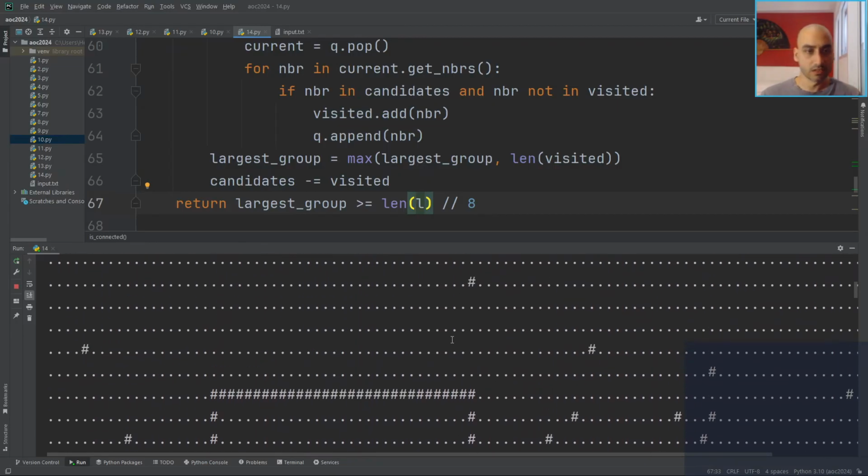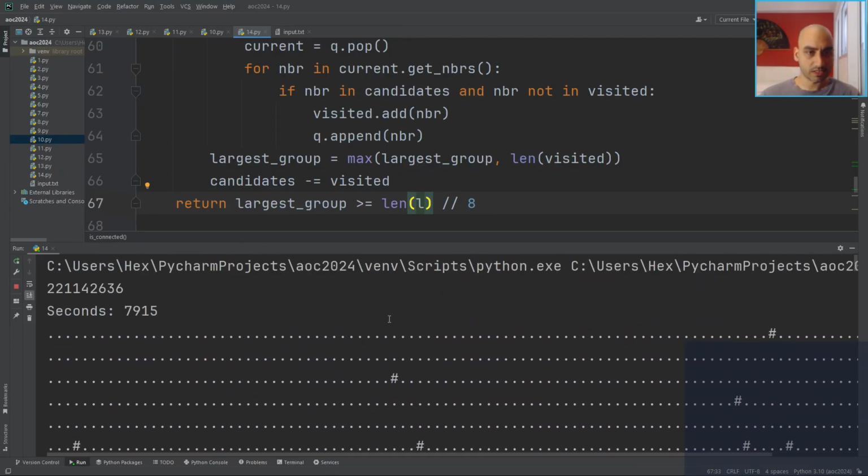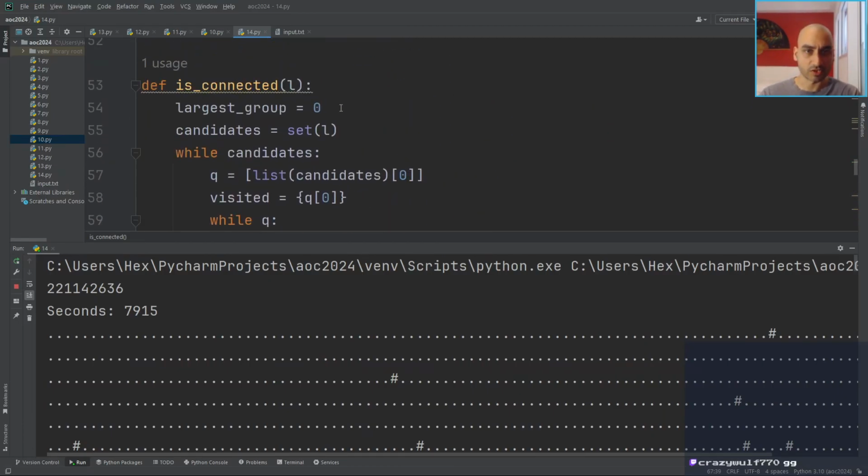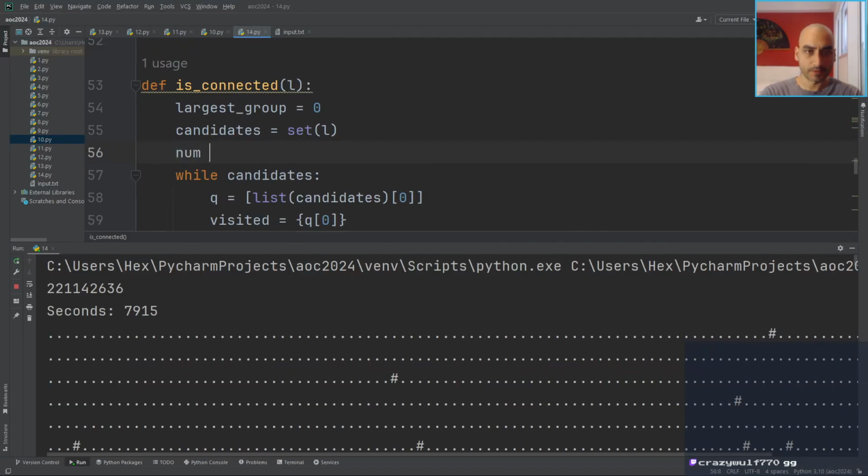Alright, it doesn't matter. 7915. Or should we say... Alright, well, let's change that. I don't want to keep doing set operations, let's just say num equals length of candidates here.